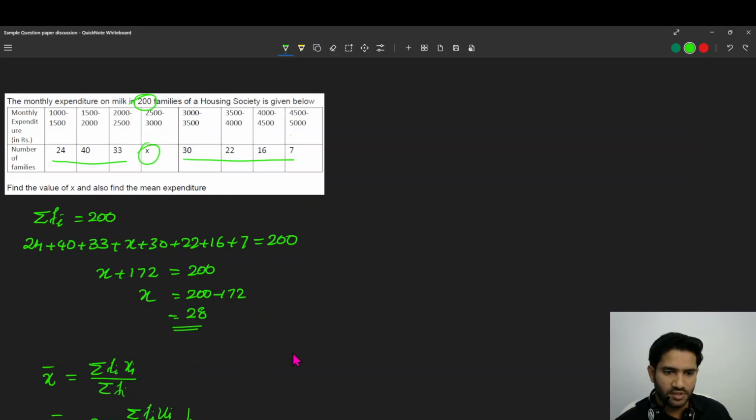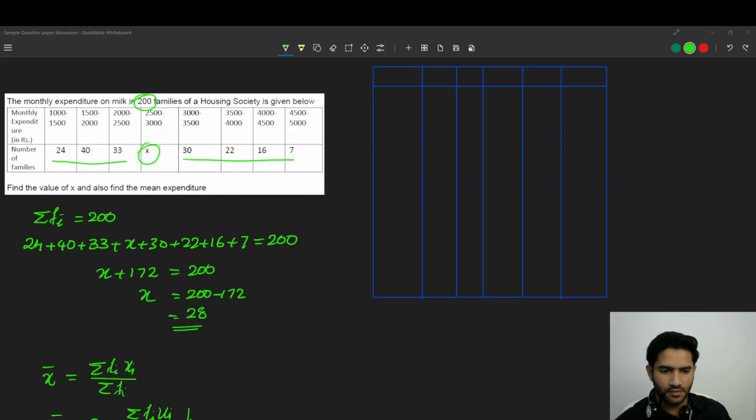So we want to draw the table for that. We want the columns, like first of all the class. Second one we can find midpoint xi, then frequency.